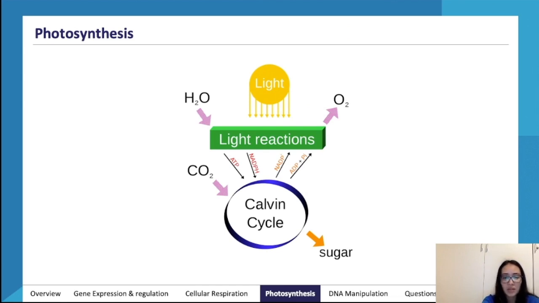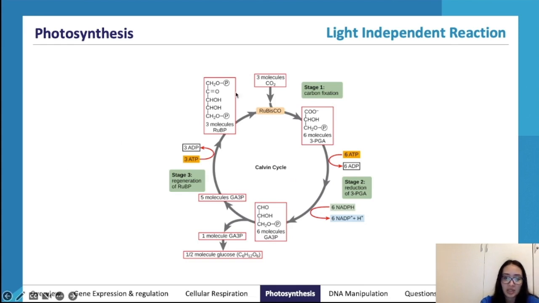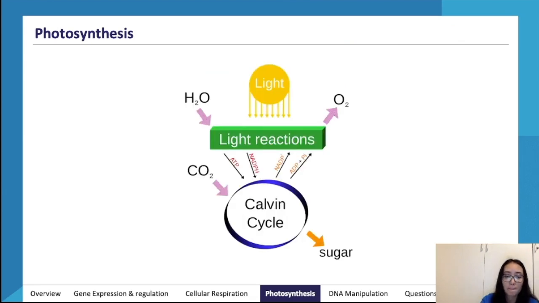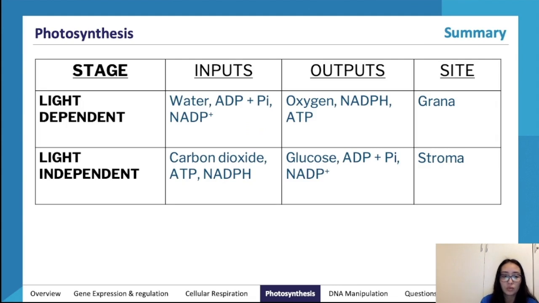I don't think we have enough time to really explore this in any more detail, just knowing that there's a light-independent reaction, also known as the Calvin cycle, and you've got Rubisco enzyme having a key role making half a glucose molecule, known as a G3P, GA3P.